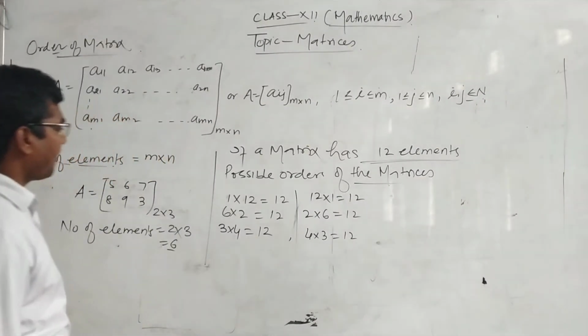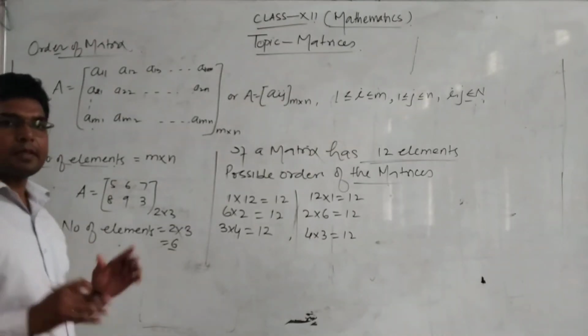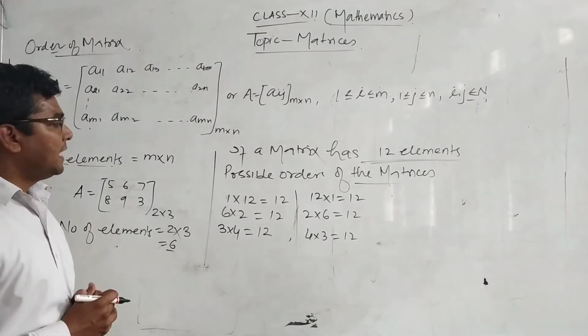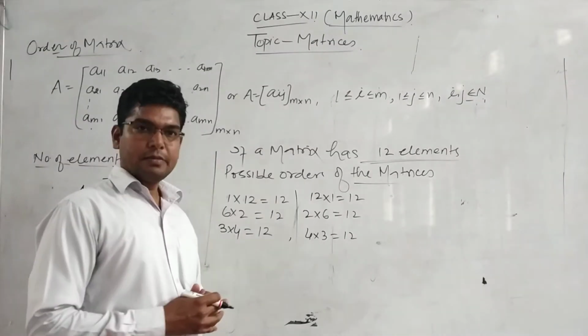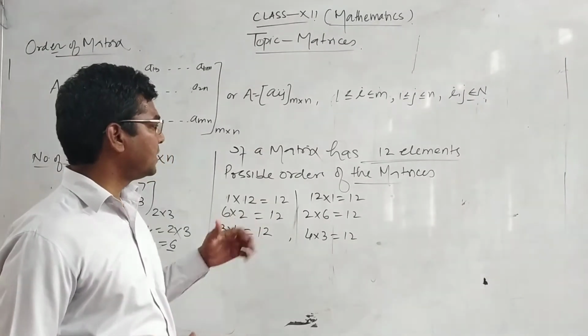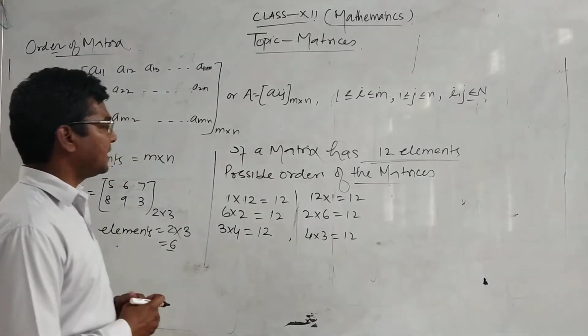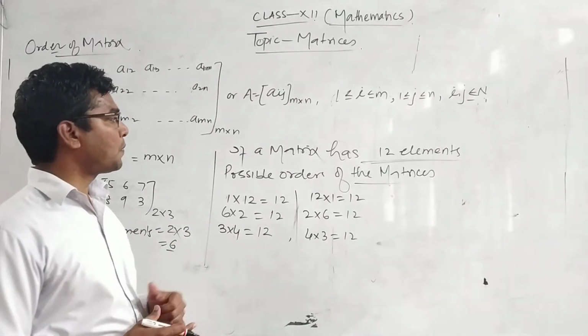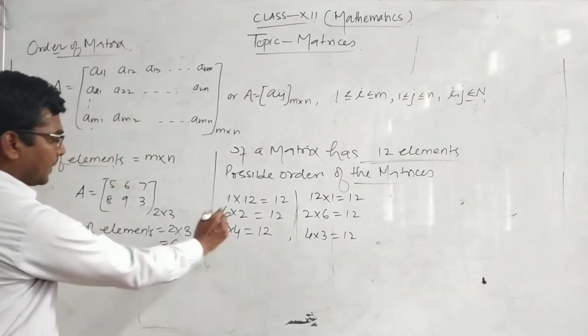Now, how can we form the matrices? If the general element of the matrix is given, then how can we write the matrix if the order is also provided?